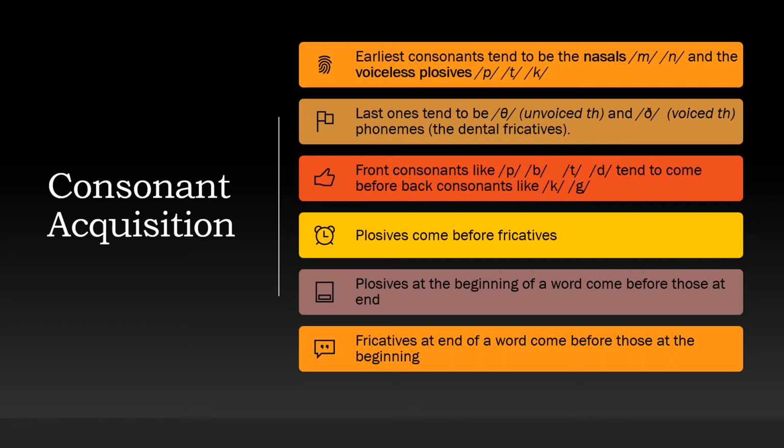So children will first acquire the use of fricatives in the word final position, so the end of a word. So if a child's talking about a snake, for instance, they can often say the word hiss and hold that s at the end of the word, that fricative s at the end of a word.